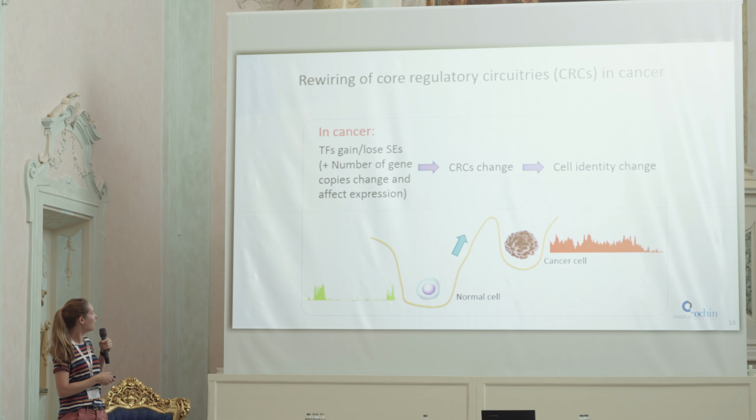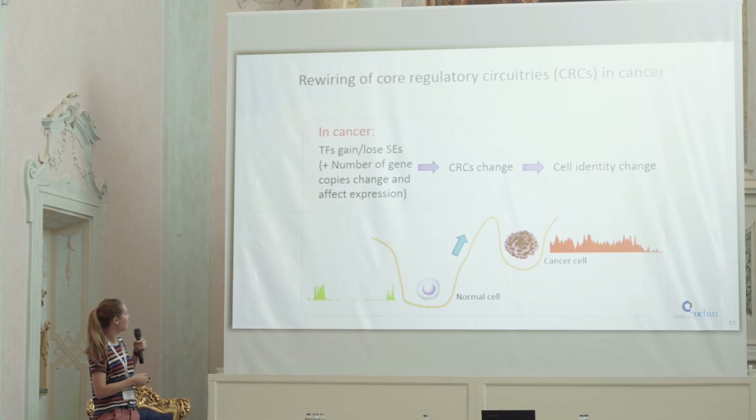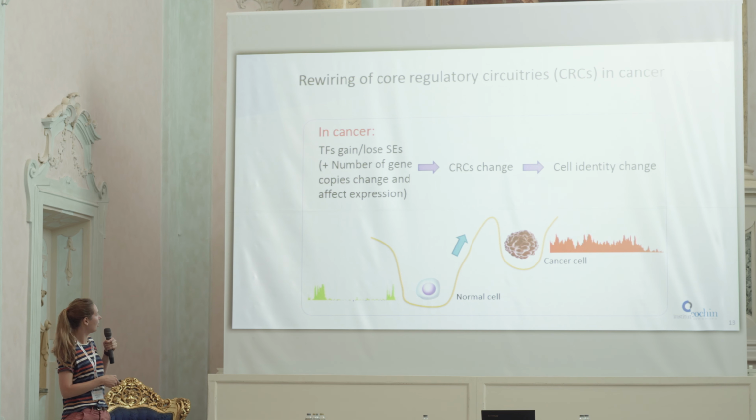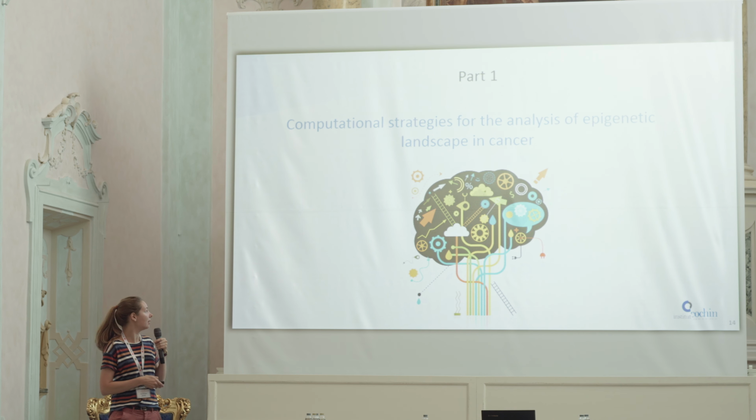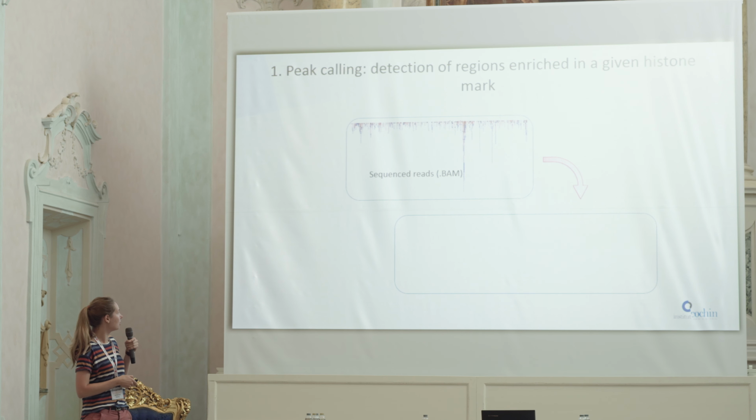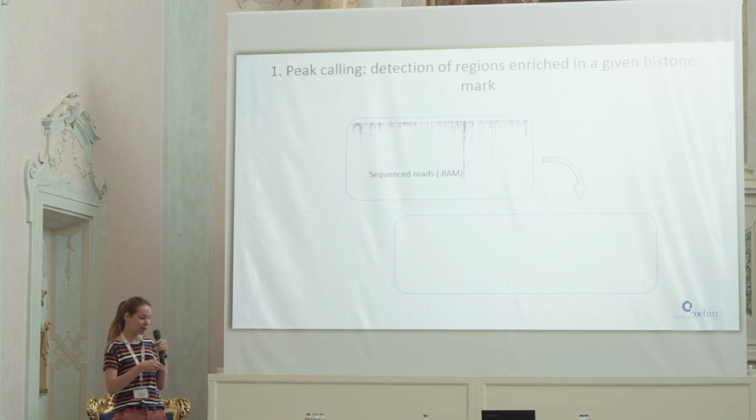So we wanted to identify these CRCs in neuroblastoma and see how it changes. But before going to the biology part, I wanted to talk about methods that we had to develop to better analyze the ChIP-seq data. There are 3 parts in this method section I'm going to talk about.